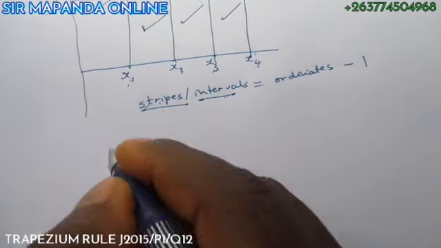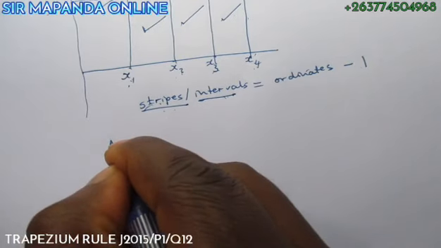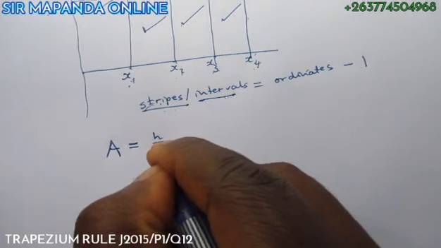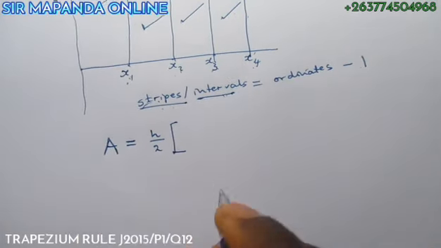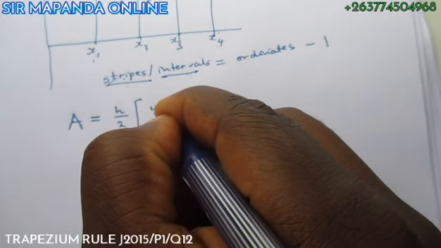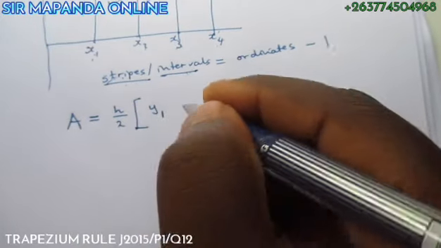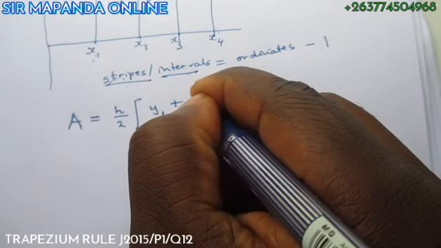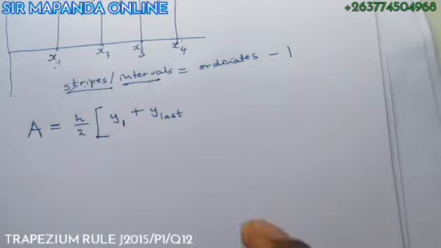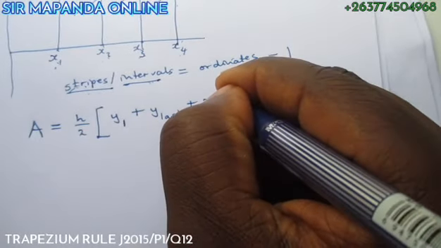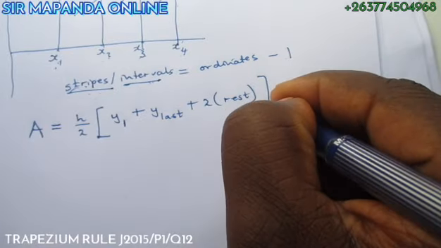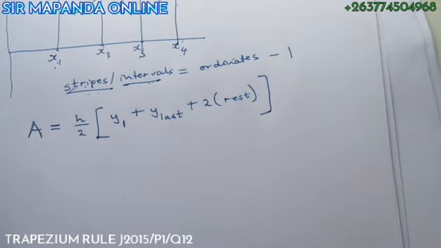So when attacking trapezium rule, the formula is area is equal to h over 2, you put open bracket, then you write y1, which is the first y ordinate, plus y last, which is the last y ordinate, plus twice the rest of the ordinates of y, something like this, right?